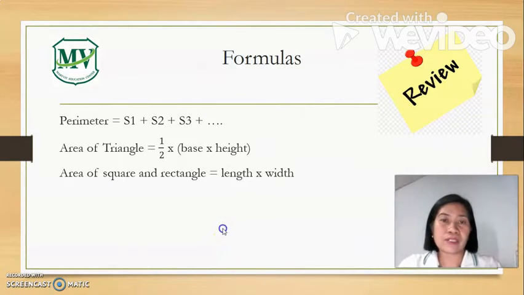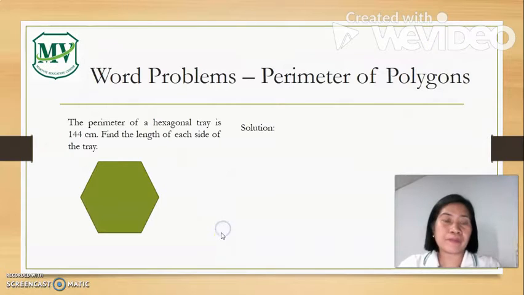So let's start with the first word problem. The perimeter of a hexagonal tray is 144 centimeters. Find the length of each side of the tray. A hexagon has 6 sides. We are given a perimeter of 144 centimeters.